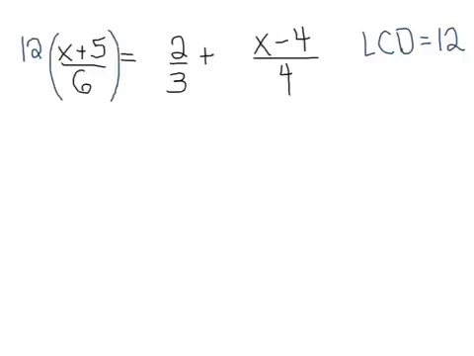Now if I multiply the left side by 12 and the right side by 12, I would need to put parentheses around there to indicate that it's the whole side that's being multiplied by 12. But what would happen next if you were doing this is you would have to multiply the 12 onto the 2/3 and onto the x minus 4 over 4, because that's how you distribute a number into parentheses when there's a plus sign in the middle.